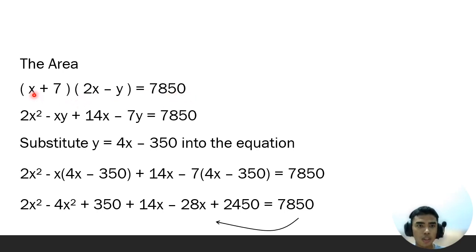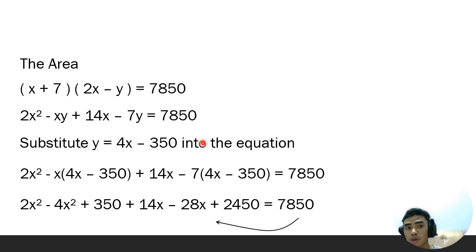If this is the side of the rectangle and 2x minus y over here is the bottom of the rectangle, then those two times together will be 7,850. So we're going to multiply both of the brackets. So we got 2x squared minus xy plus 14x minus 7y equals 7,850.